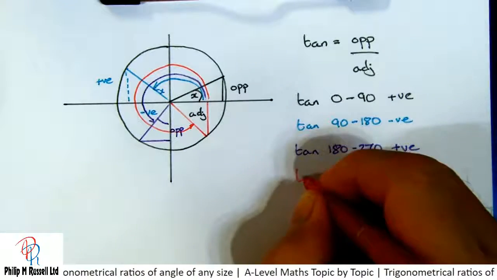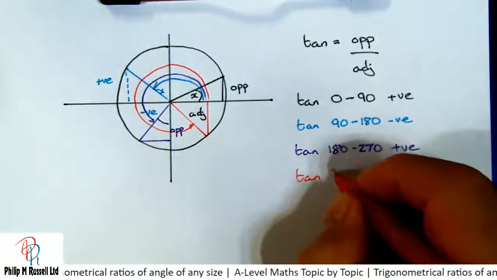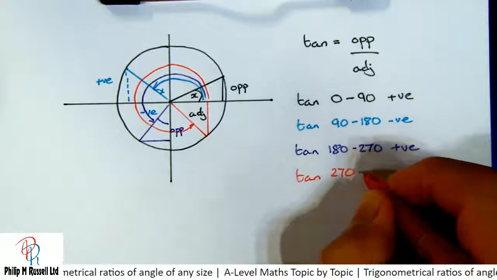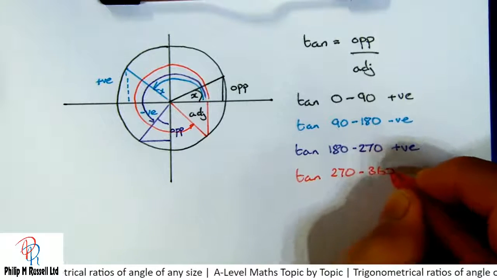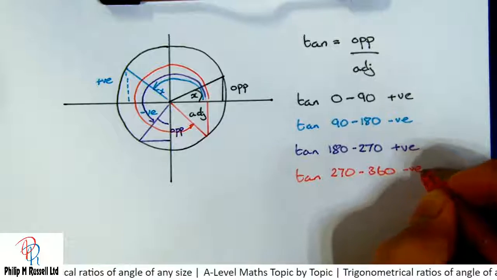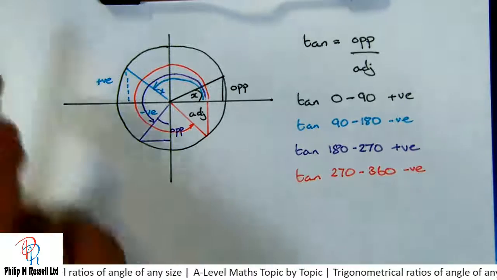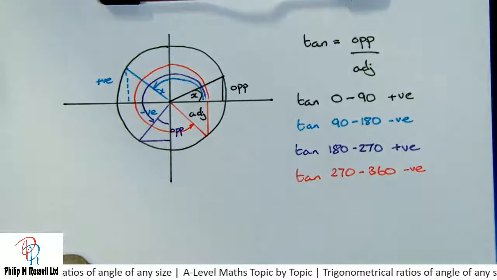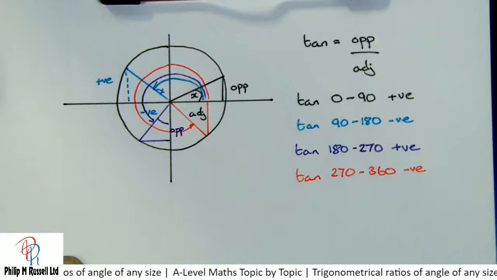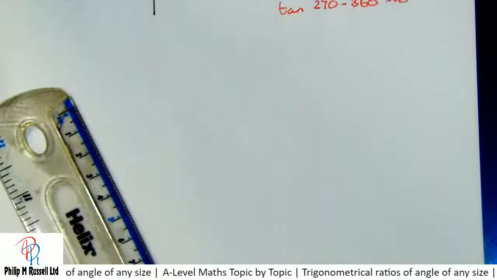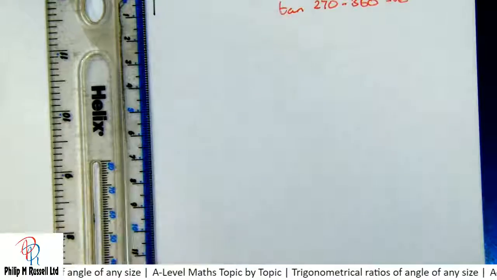So the tangent between 270 and 360 is going to be negative. So we can draw out our CAST diagram.